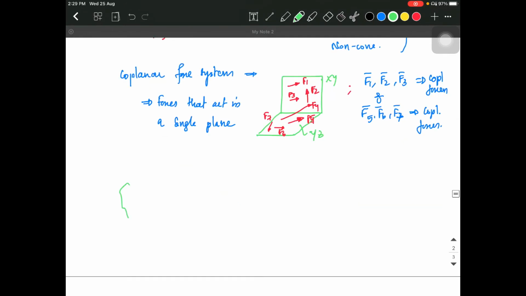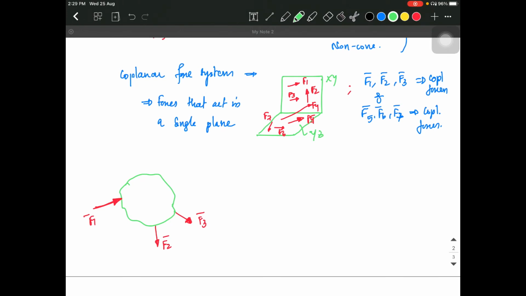Let's consider a rigid body subjected to a number of forces: F1, F2 and F3.